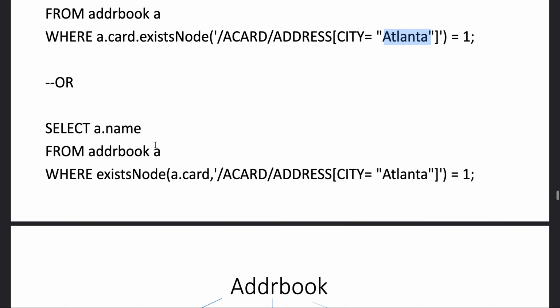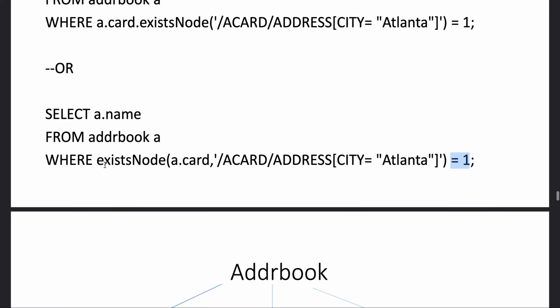And the second version of that would be the standalone feature, where again we have the existsNode, again we have the XPath, and again we have the condition, again equal to 1, but this is a more direct route. So this is the standalone version of it. It's the same thing, just the procedural styles are different.